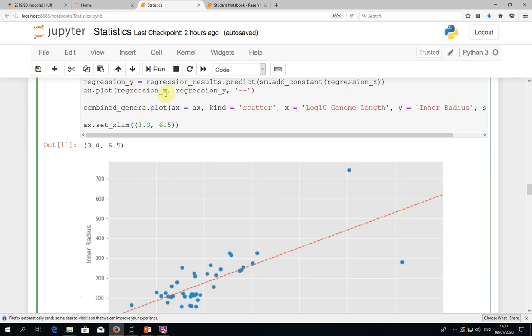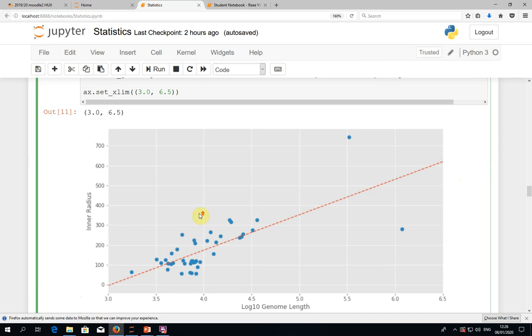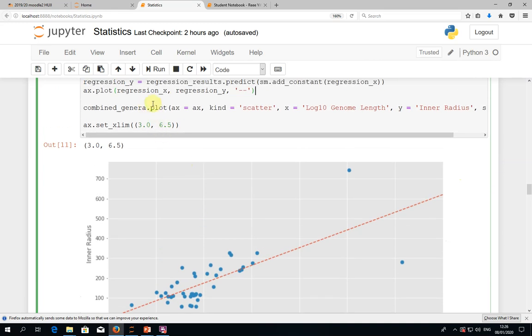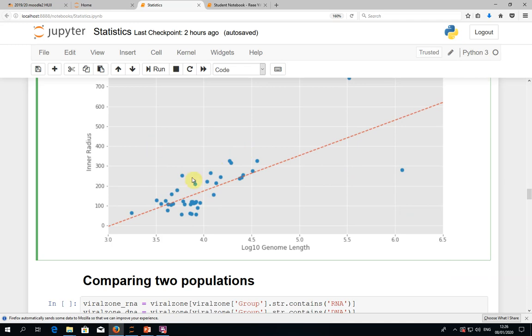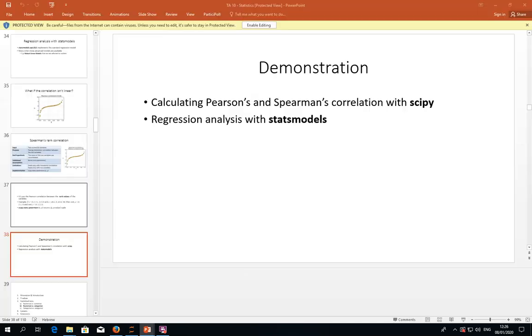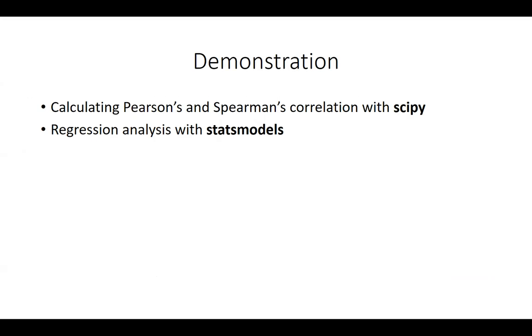And then you can just plot it like any other line. So you give the x, you give the y, and you want it to be a dashed line like here, so you give this style. And then you get this regression line, on top of which you can create a scatter plot showing the actual points.